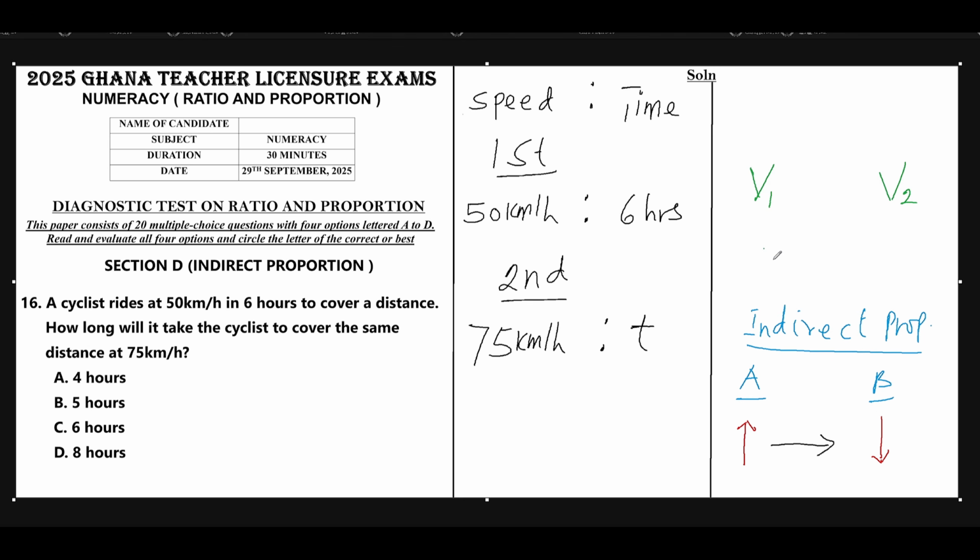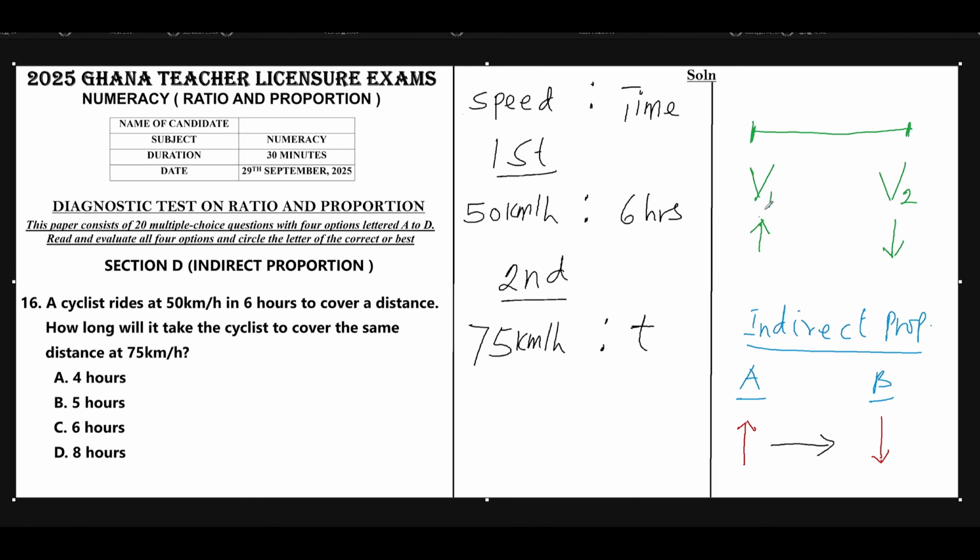Let's assume they are covering the same distance. But then vehicle 1 is moving at a faster speed and vehicle 2 is moving at a slower speed. Let's compare their time.